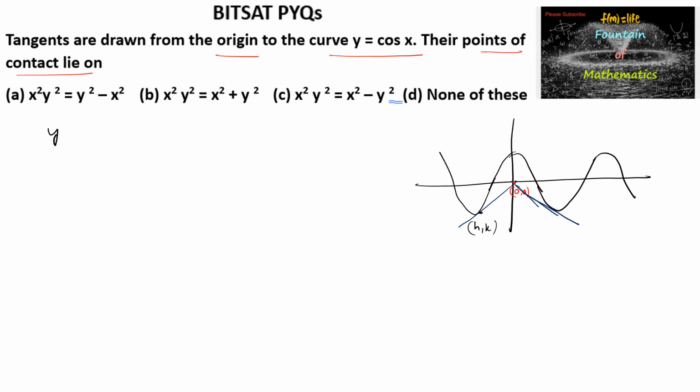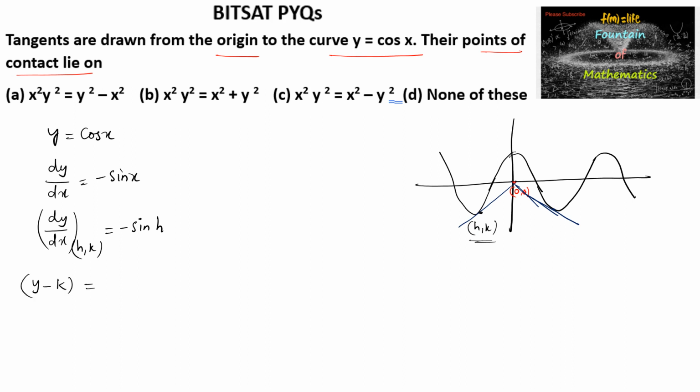So given the curve y is equal to cos x, differentiating, we get dy by dx is equal to minus sin x, and we need to find the slope of the tangent at the point h comma k. So we can write minus sin h, and now the equation of the tangent passing through the point h comma k: y minus y1 is equal to slope, that is minus sin h into x minus x1, and this tangent equation is passing through the origin.